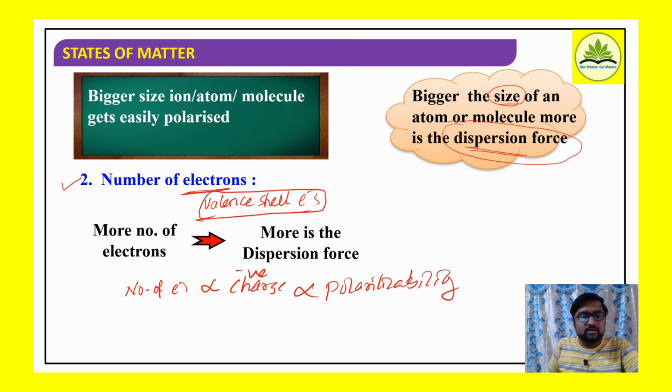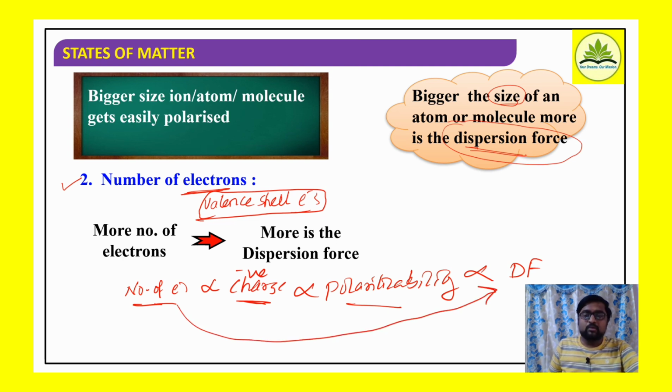So a species with more electrons carries more negative charge, can be easily polarized, so polarizability will be more and in turn dispersion force is more. Both are again directly proportional. So the greater the size, the more the dispersion force, and the larger the number of electrons, again the more the dispersion force.